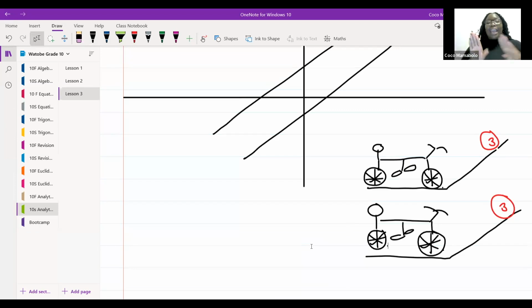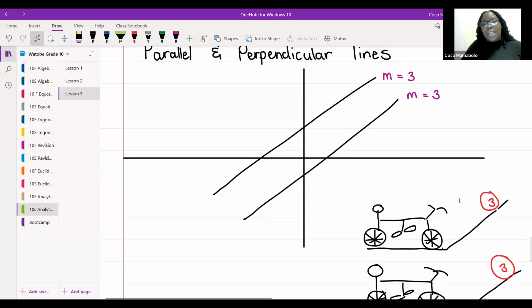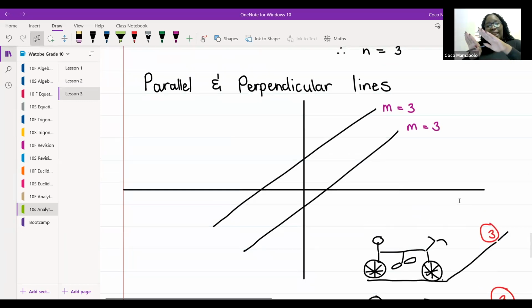Good. My lines will never meet. They're never going to meet because both of them are traveling at the same speed on two different hills of the same length. They're going to travel together in tandem. What does that tell me, guys? When I look at two lines that are traveling together with the same gradient, what does that tell me about the two lines?